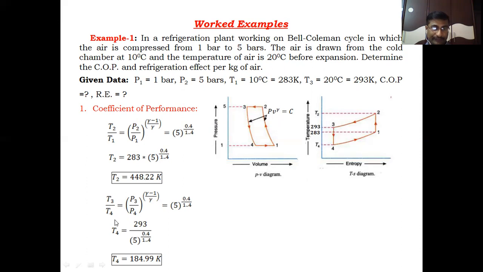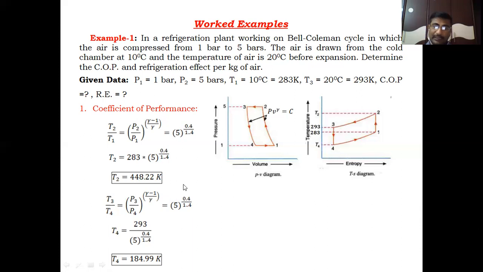T4 is equal to T3 divided by 5 power 0.4 by 1.4. T3 value is 293 in the data, so 293 divided by 5 power 0.4 by 1.4. From this, we get T4 as 184.99 kelvins. This is the lowest temperature in the cycle.